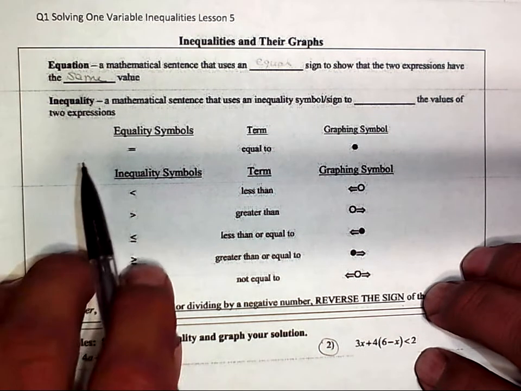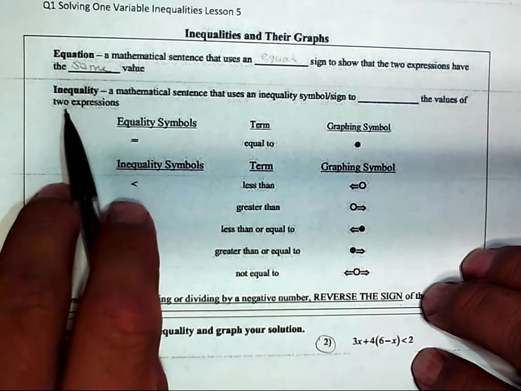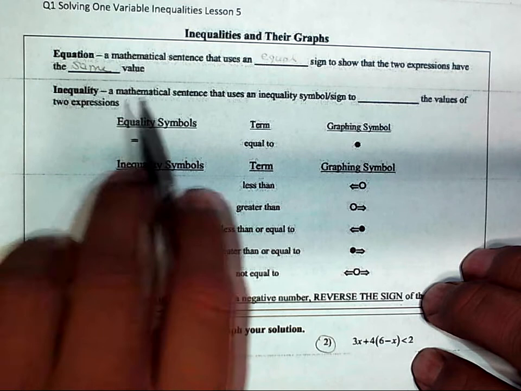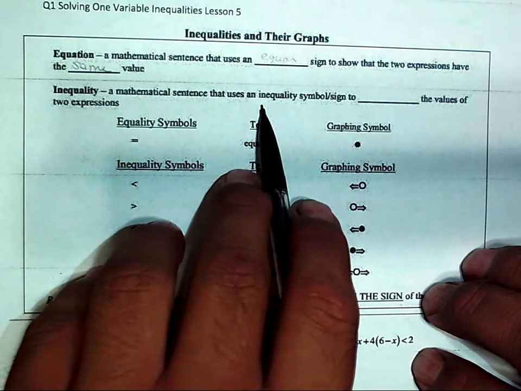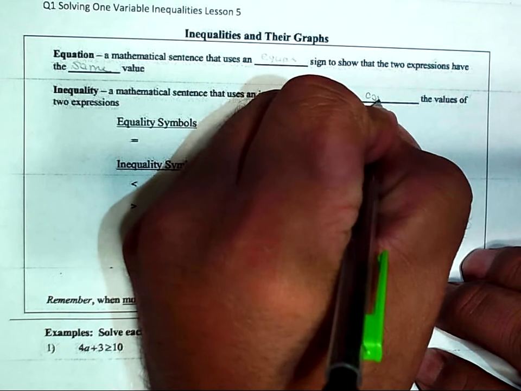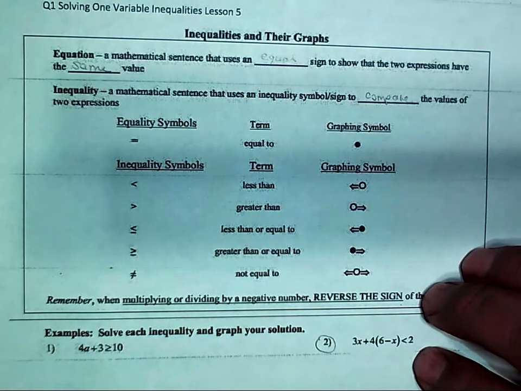Now, we're not going to cover equations. What we're going to talk about today is inequalities. An inequality is a mathematical sentence that uses the inequality symbol to compare the values of the two expressions.